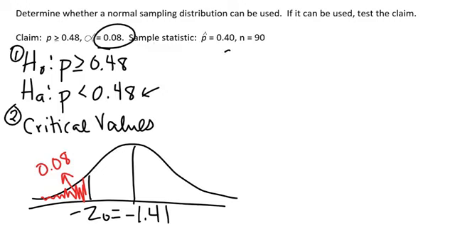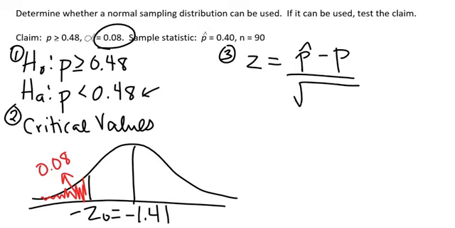Now let's figure out what my standardized z-test statistic is. So for that, I'm going to use the formula z equals p hat minus p divided by square root pq divided by n. Okay, let's substitute in our values.